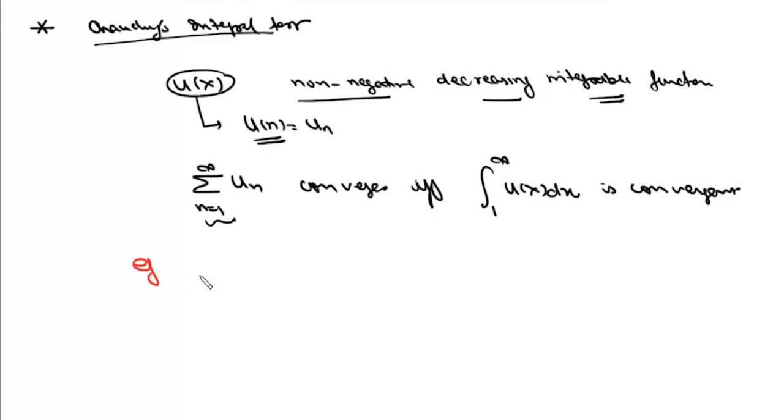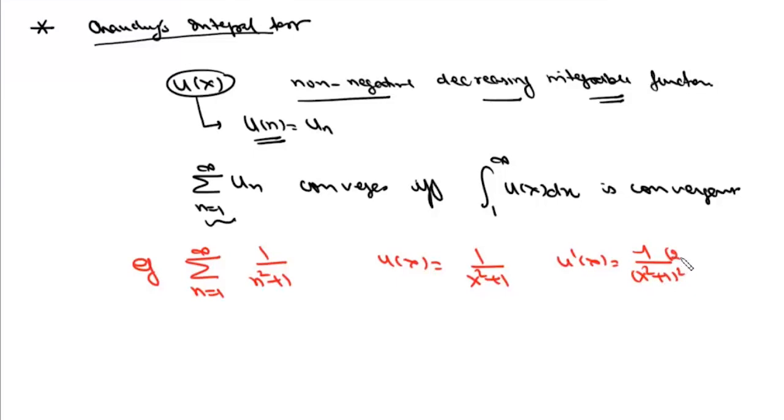Now say for example, we have to discuss the convergence of the series summation n varies from 1 to infinite 1 upon n square plus 1. We have already discussed this convergence using comparison test, and we know that this series, it converges. Now here we'll consider this function ux, which is 1 upon x square plus 1, and if we find u dash x, it will be minus 1 upon (x square plus 1) whole square into 2x, and will be less than 0 when x is greater than or equal to 1.